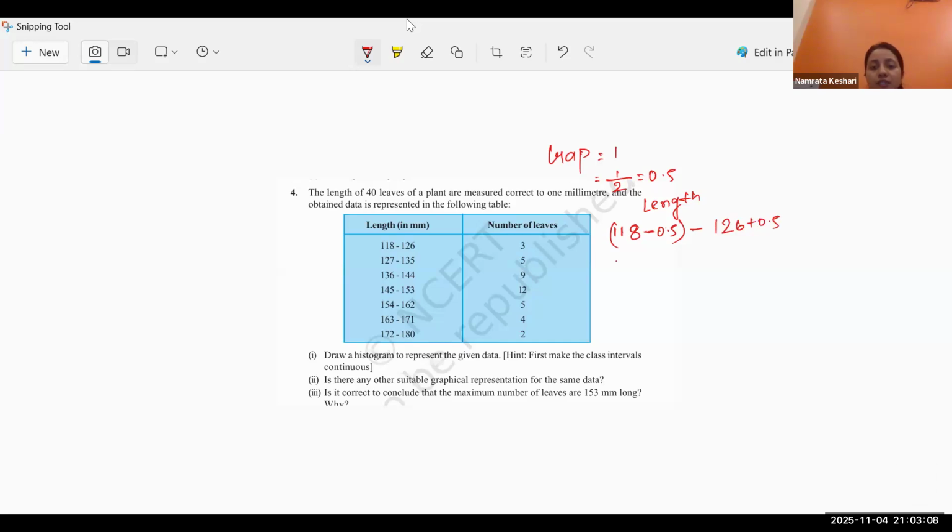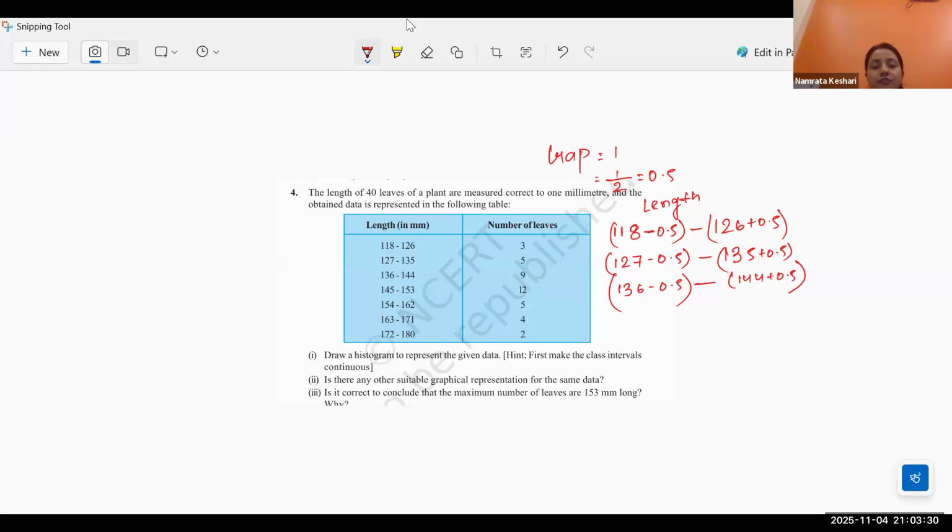Similarly, 127 minus 0.5, and 135 plus 0.5. You can use brackets like this. Similarly, 136 minus 0.5, and in the upper limit we will be adding 144 plus 0.5.